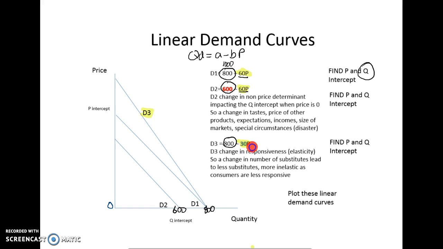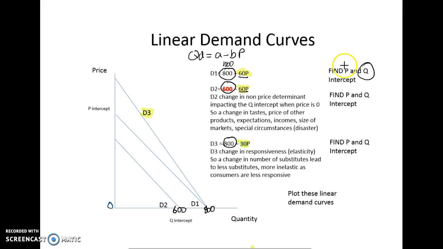If it's less responsive, it becomes more inelastic, so this line becomes steeper. You can see it's become steeper. Now, if that went from 60 to 90, D1 would have gone less steep, so more horizontal. It becomes more elastic. Going from 60 to 90 means that it becomes more responsive. Okay, so that's where that comes from.